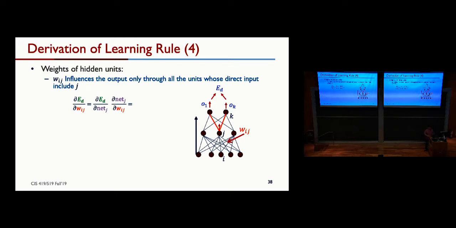Exactly. So let's look at the gradient of the error function with respect to wij, but where this wij is now from one of the hidden layers. So let's say just the penultimate layer. This is precisely the gradient of the error function with respect to net j, and then the gradient of net j with respect to wij. A very simple chain rule, right?